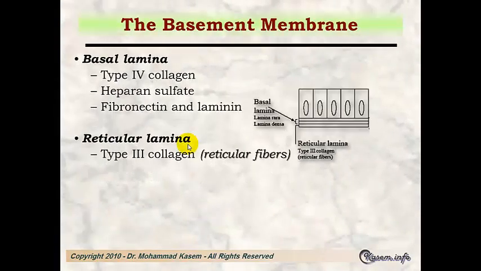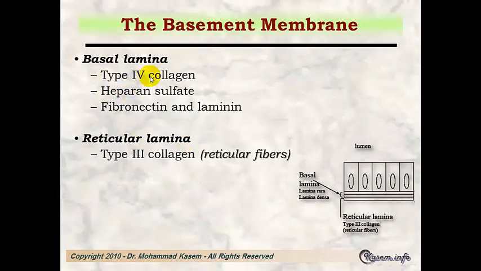The basal lamina contains type 4 collagen first, and heparan sulfate, fibronectin, and laminin. The reticular lamina below is composed of type 3 collagen of reticular fibers.